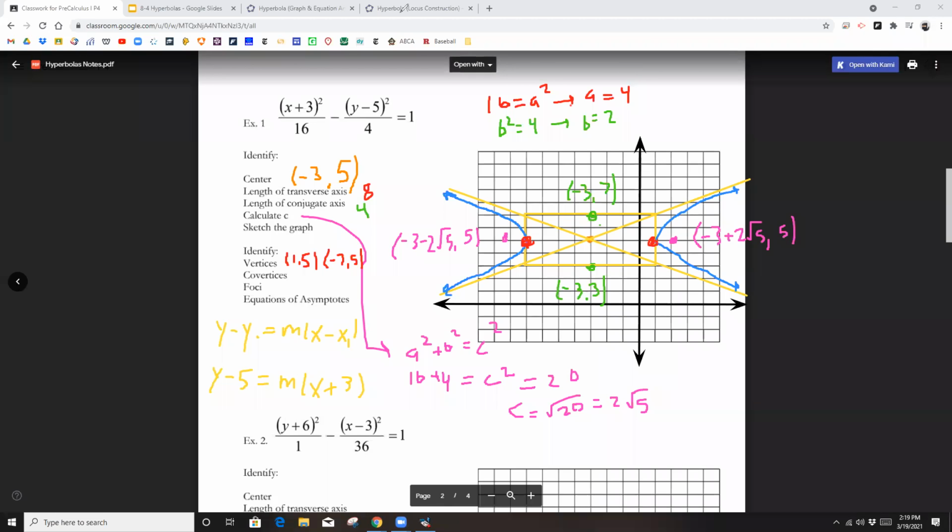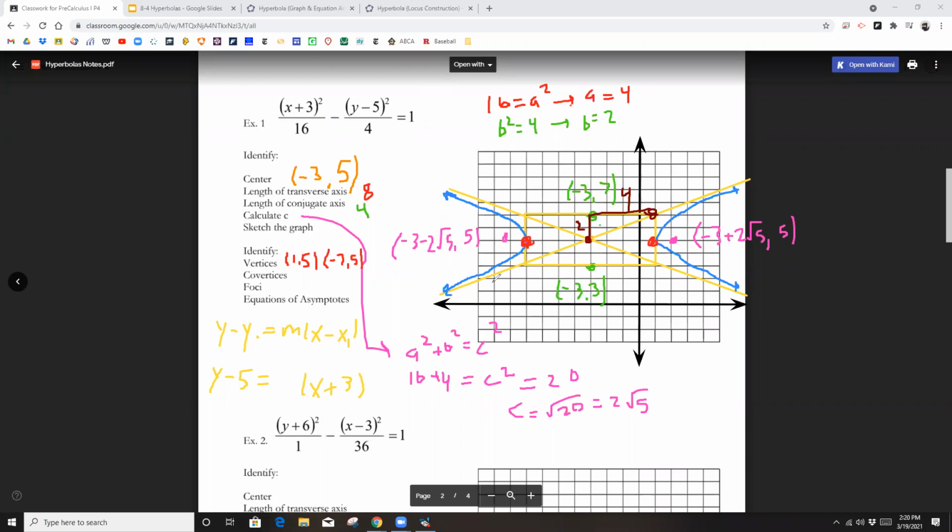Now to find the slope, you just look at a and b, because if you look at the asymptote, what did we do to draw this line? Well, we drew it through the diagonals of the box. So we drew it through the center and this point. So the slope of this line would be either, for the positive slope one, we move up 2, and then to the right 1, 2, 3, 4.